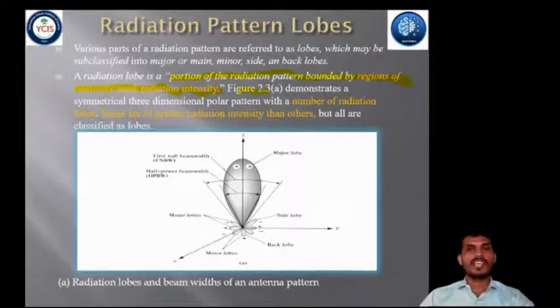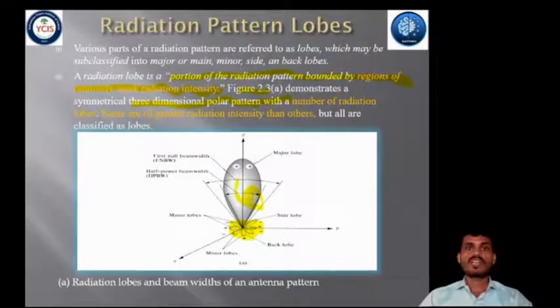So we consider weak radiation intensity as a boundary, as a region of that particular relatively weak radiation intensity, and it can be demonstrated in a symmetrical 3-dimensional polar pattern. This is your 3-dimensional polar pattern. A number of radiation lobes are present in this. So you can see that these are the number of radiation lobes. This is the main lobe, these are minor lobes, and this is the back lobe. Okay, these are the different types of lobes.